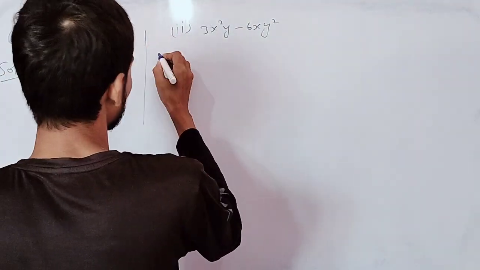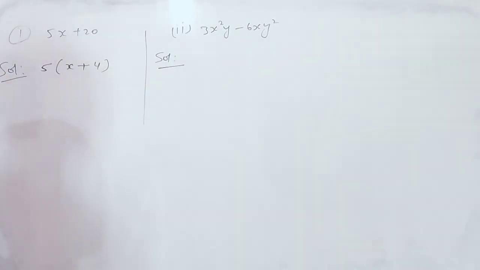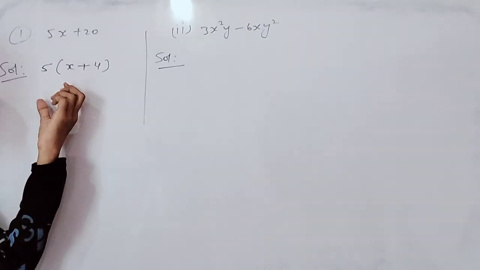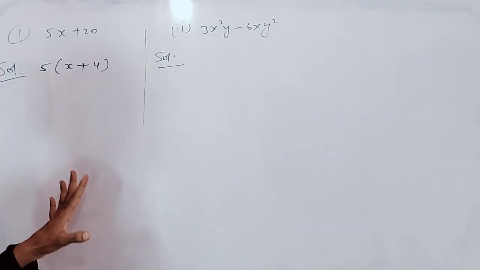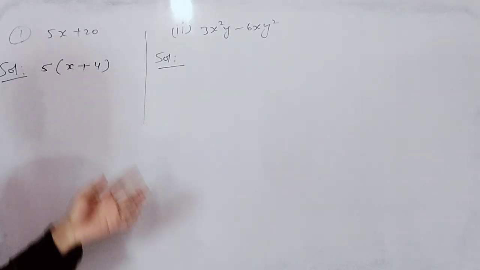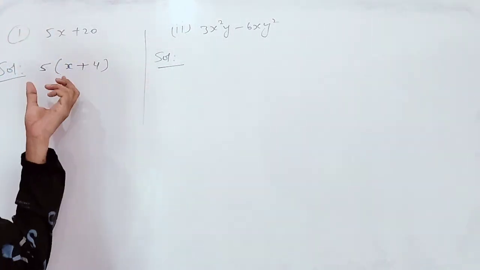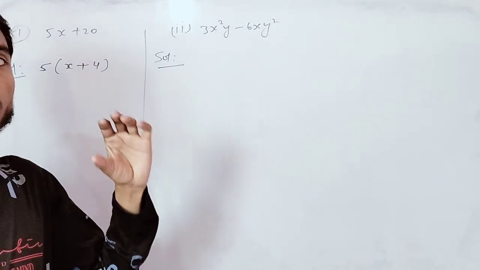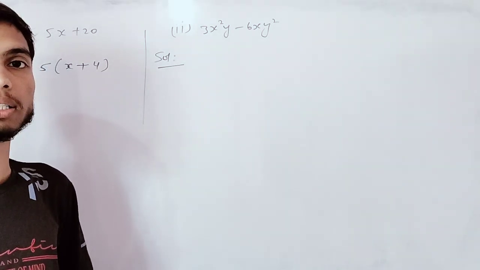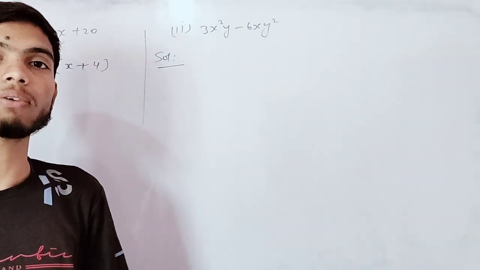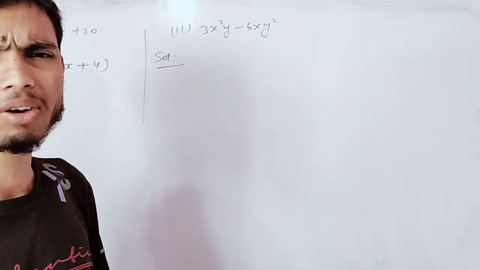Now next, this one. In this you can see, in the previous question we took 5, which was a coefficient number with the x variable, as a common. Now in this question you will realize that you will be taking variables as a common, because the variable will be common.